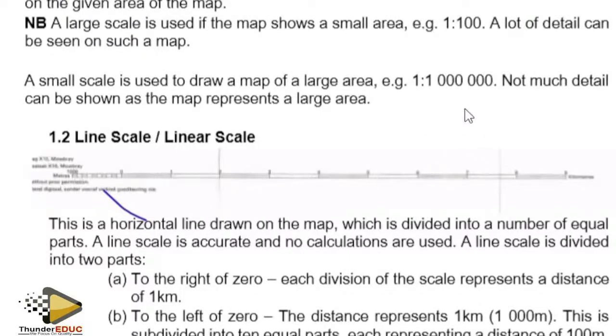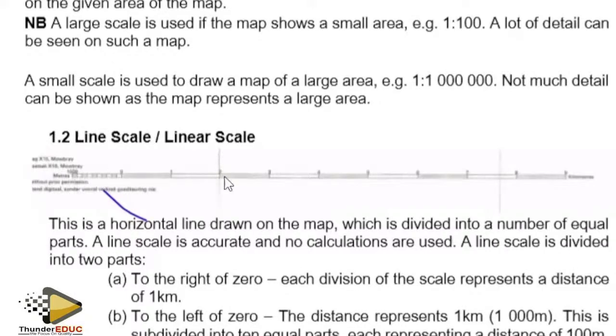If the whole box has got 1,000, when you divide 1,000 by 10, you will have 100, meaning that each box here represents 100.